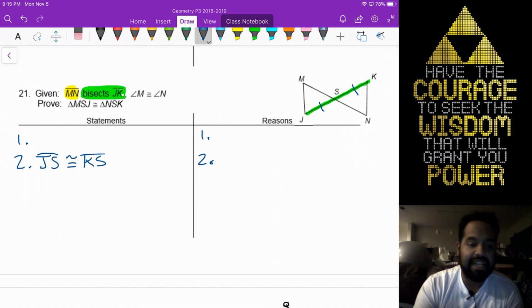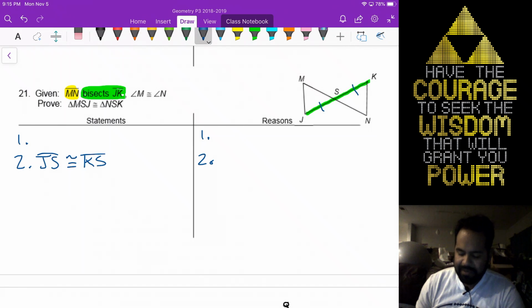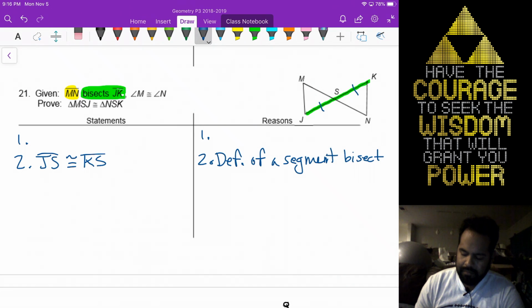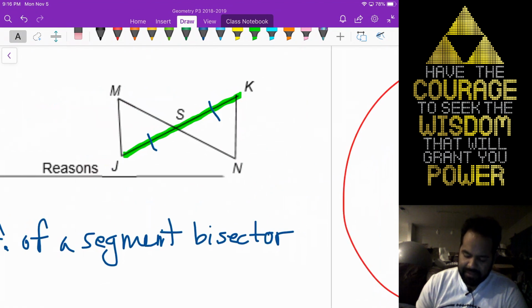And that is, again, our definition of a segment bisector. Okay. Now the next part of our given is that angle M is congruent to angle N. So let us mark those. M is congruent to N.